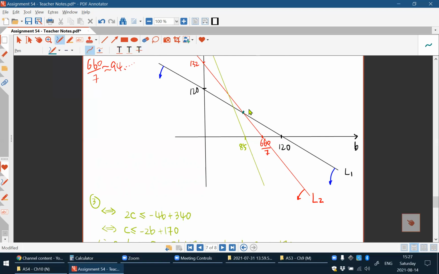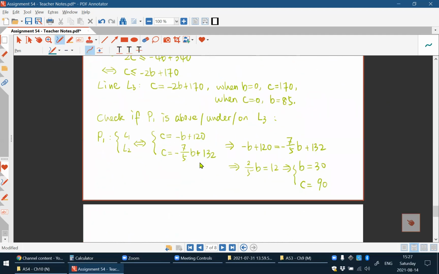All right, so P1 here is (30, 90). And therefore, P1 is (30, 90). So how do we check if P1 is above, under, or on L3?